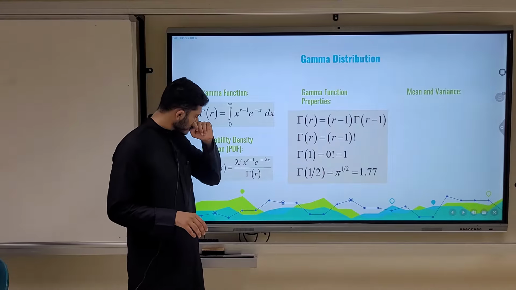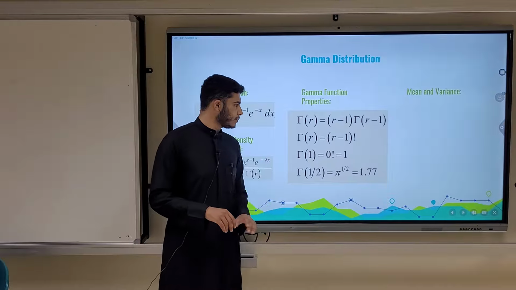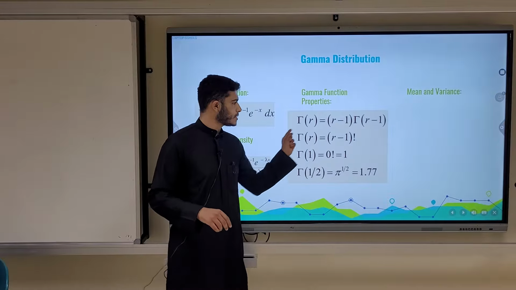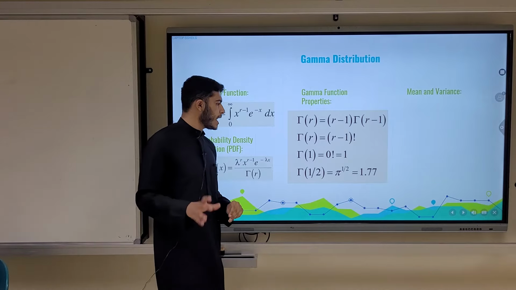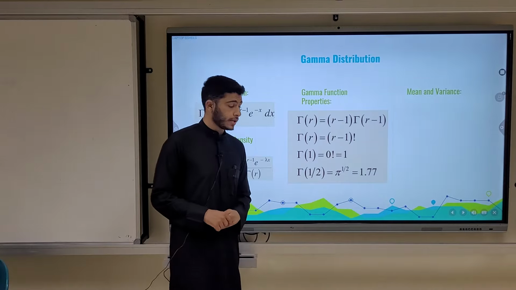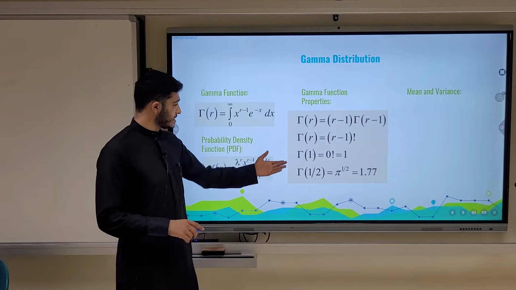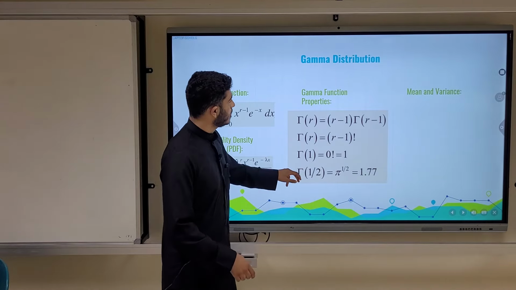Next one. Gamma of 1 equals 0 factorial, which equals 1. This goes without saying, it just follows from the one above. The last one we have is gamma of half, which equals the square root of pi, which I don't know where this came from, but it is there, use it.